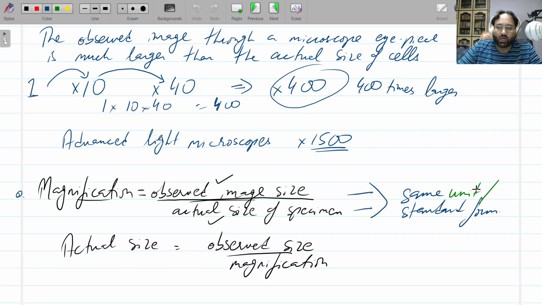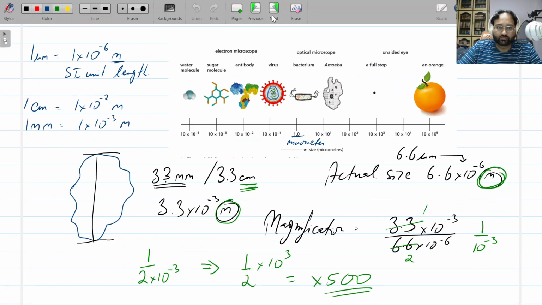When you are finding the unknown, you need to make sure that the sizes are either in standard form with the SI unit of meter, or in the same unit. We had something in millimeter or centimeter and converted that to standard form. We had micrometer, so 10 to the minus 6 and 10 to the power minus 3. We did our calculations and got 500 times.